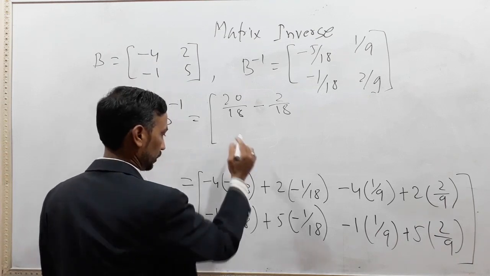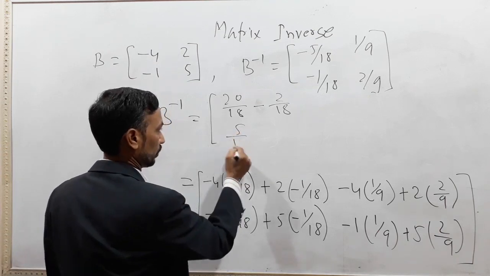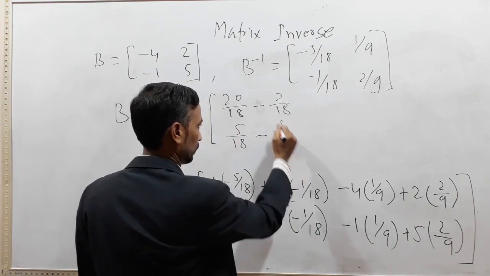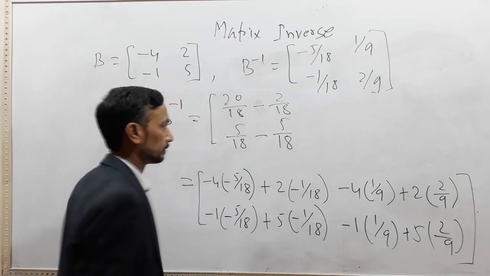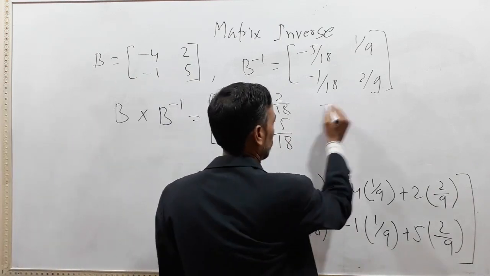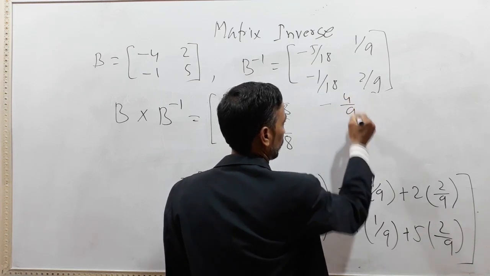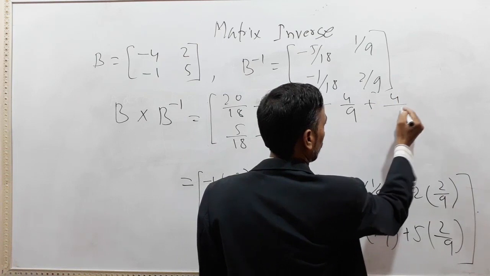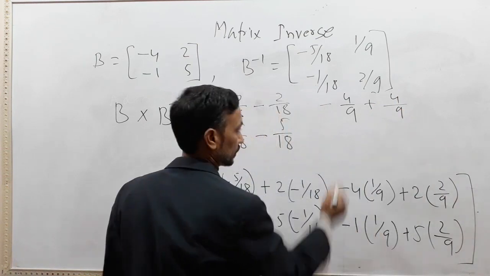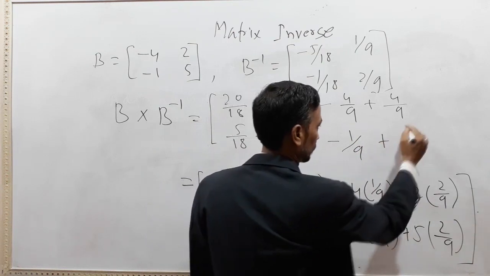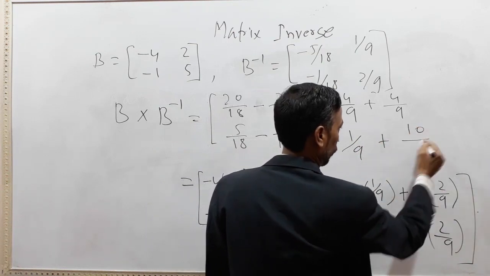This is going to be plus 5 over 18 and minus 5 over 18. Now this one: minus 4 over 9 plus 4 over 9, and it's going to be minus 1 over 9 plus 10 over 9.